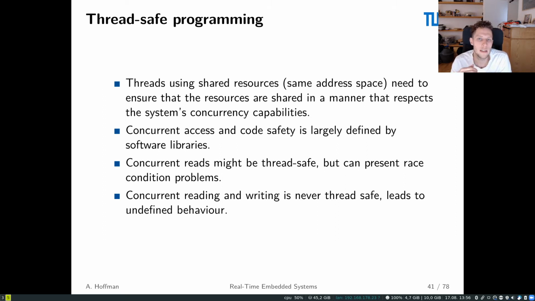But when we're dealing with FreeRTOS, there is no guarantee that what you're doing is safe. It lands with the programmer to write code that respects thread-safe programming principles, right?